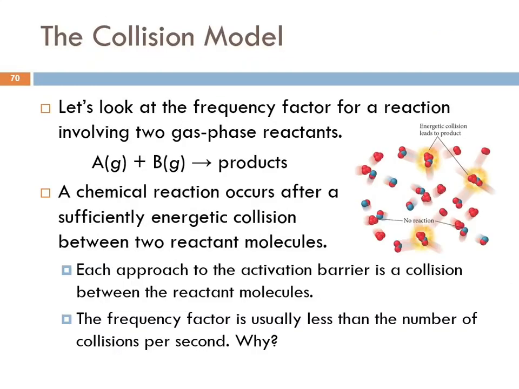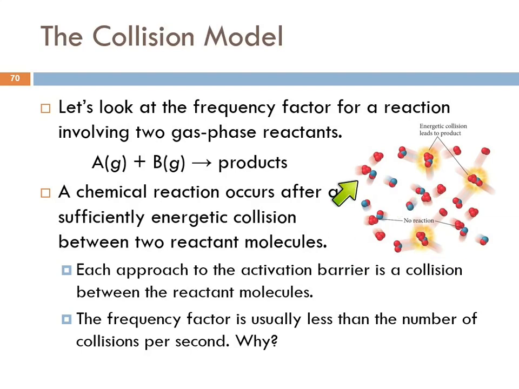I mentioned collision model last week. I'm going to look at it a little more here. This pertains to that frequency factor. So if we think about a gas phase reaction that has 2 reactants, in order for these reactants to react, they're going to collide with each other.